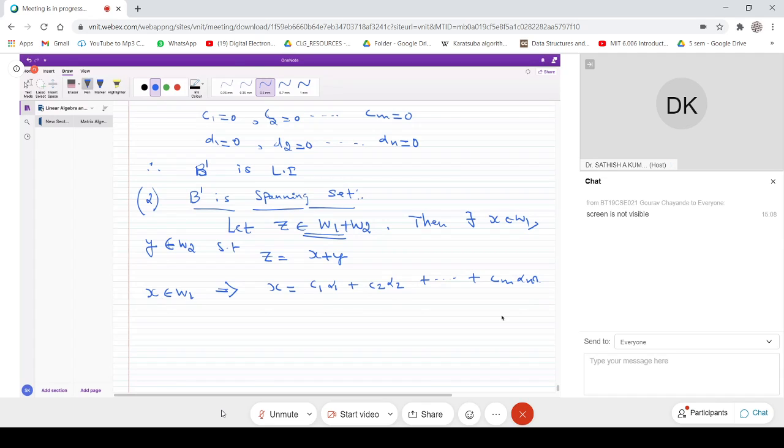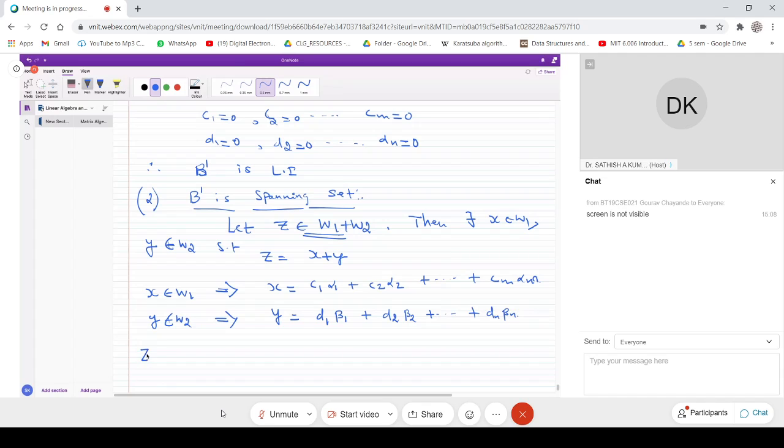Any vector you take can be expressed as a linear combination of these vectors. Similarly, if you take y belongs to w2, I can write y is equal to d1 beta 1 plus d2 beta 2 etc. dn beta n.